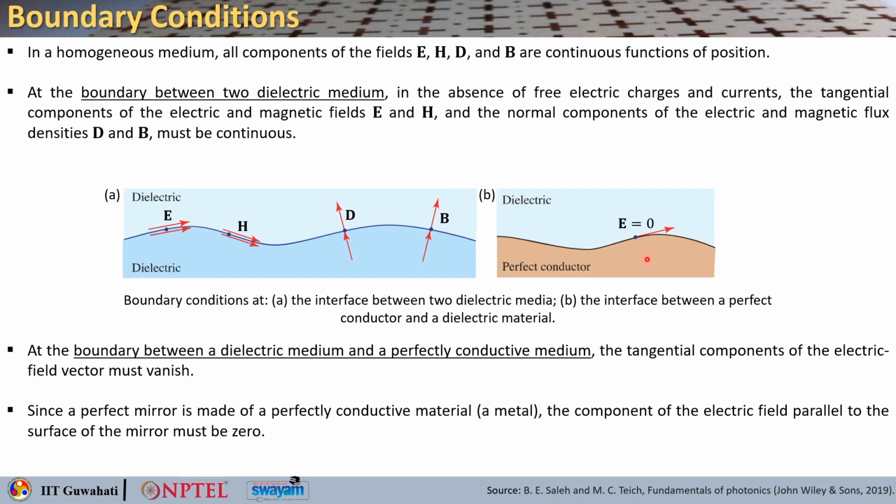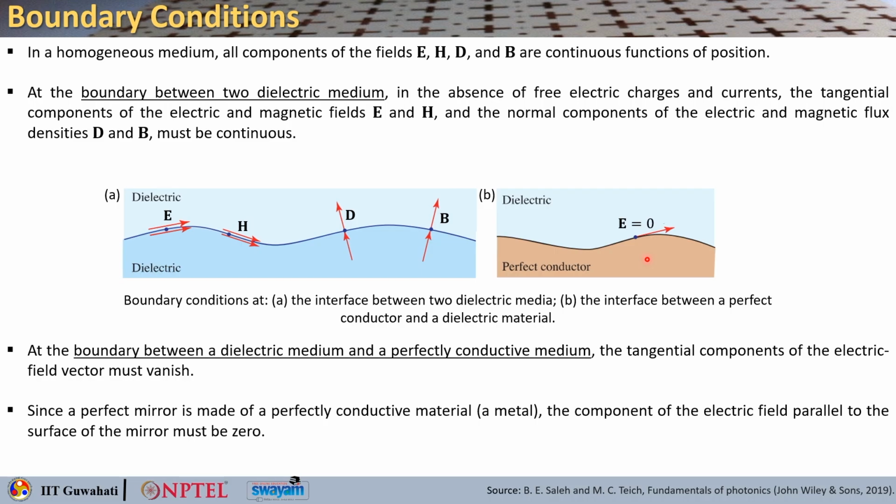So, this requires that at normal incidence the electric fields of the reflected and the incident waves must have equal magnitudes and a phase shift of pi, so that their sum will add up to 0.